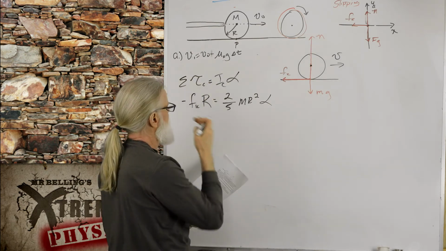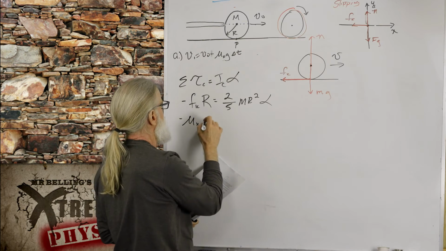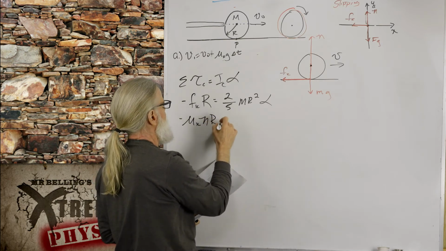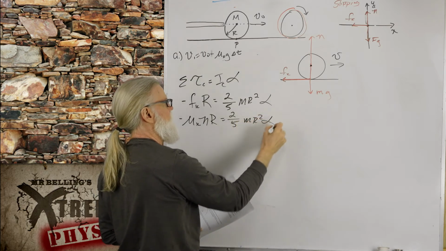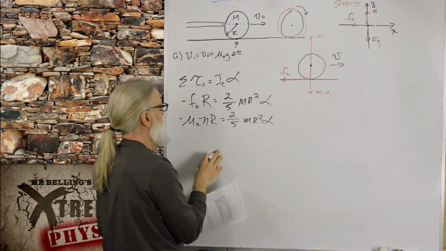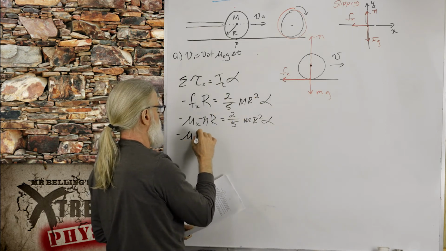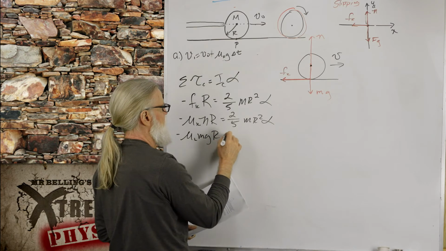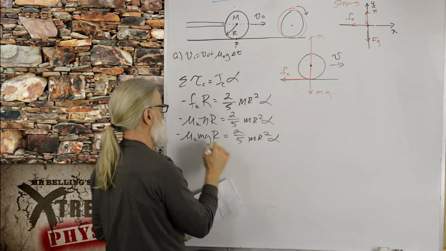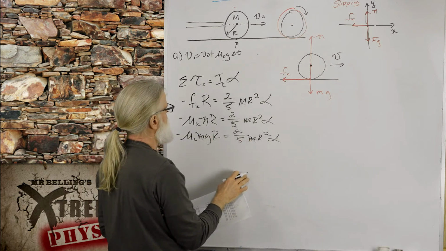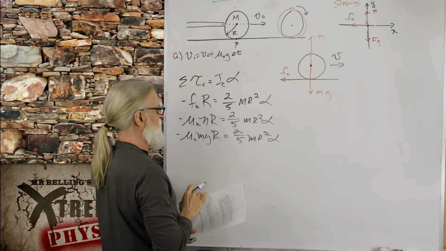Kinetic friction is mu k times the normal force, times r, equals 2/5 mr squared alpha. And we figured out before that the normal force equals the weight. So we get mu k mg r equals 2/5 mr squared alpha. Boom, the m's go away. Some of the r's go away.